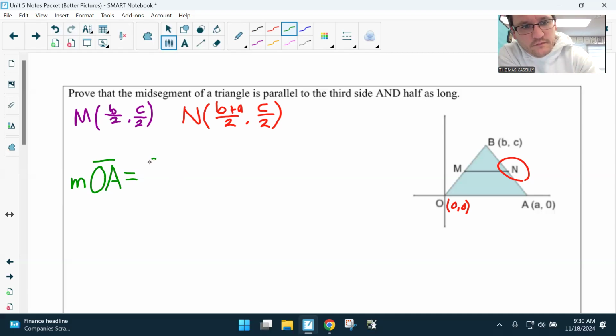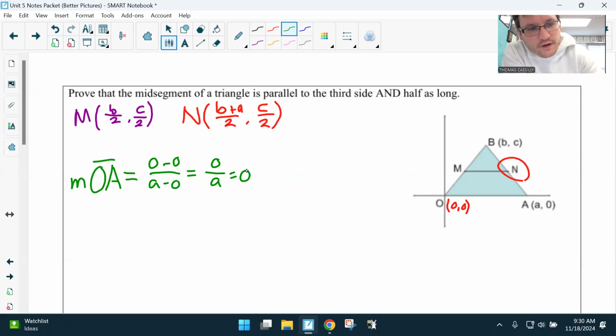So we have 0 minus 0 all over x2 minus x1. So that's going to be A minus 0, which simplifies down to 0 over A, which of course is 0. So line segment OA has a slope of 0.